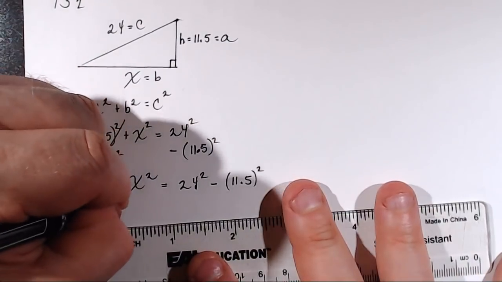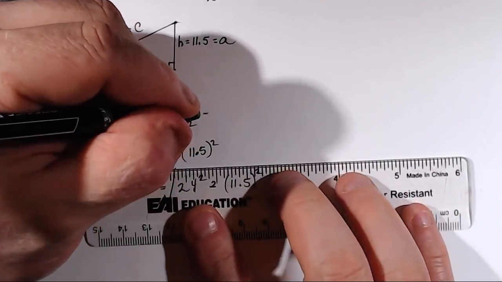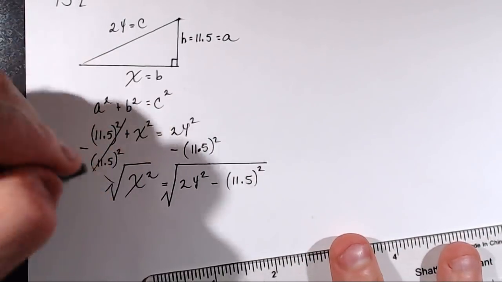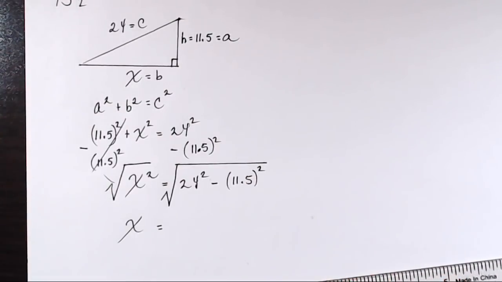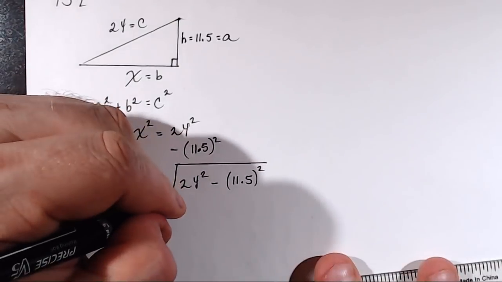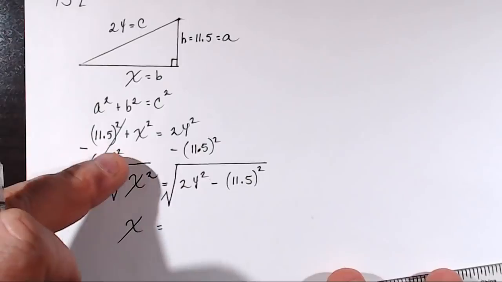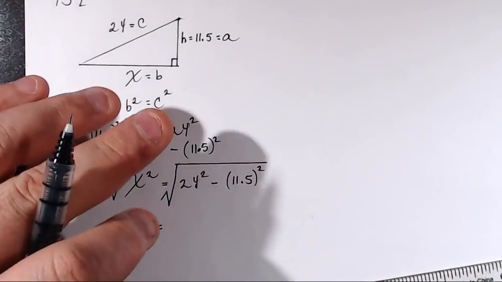And if I want to get x by itself, I take the square root of both sides. So the square root of x squared is x, and that is set equal to the difference of 24 squared and 11.5 squared. So first we got to figure out what those are, and then we have to subtract one from the other.